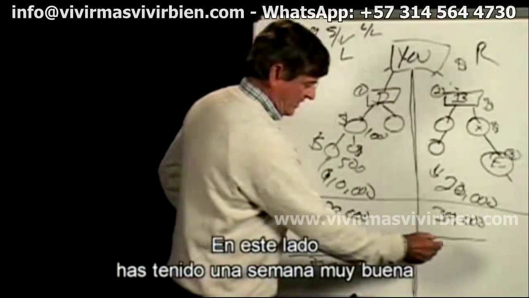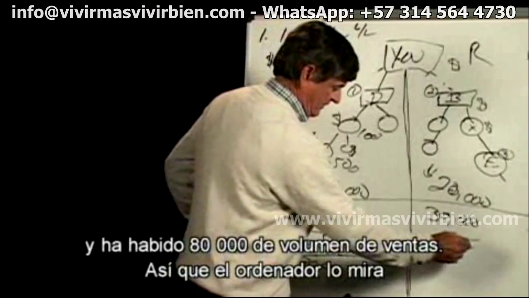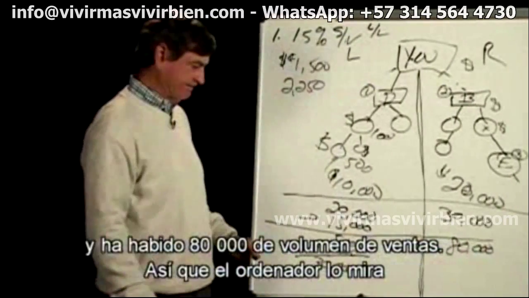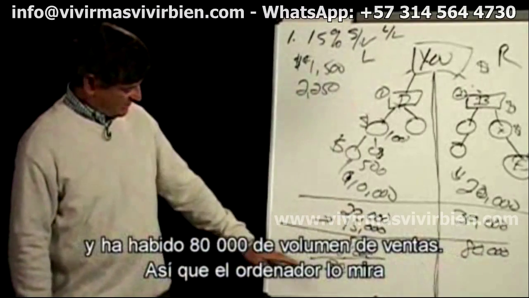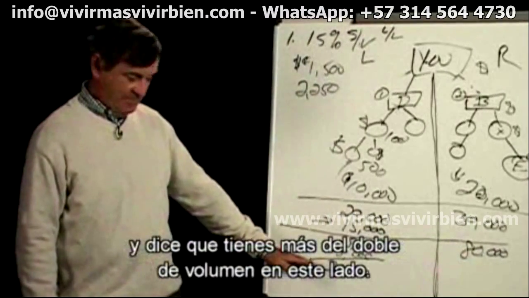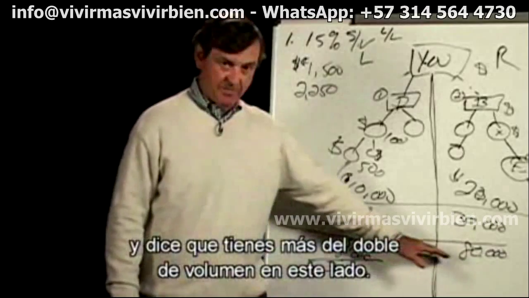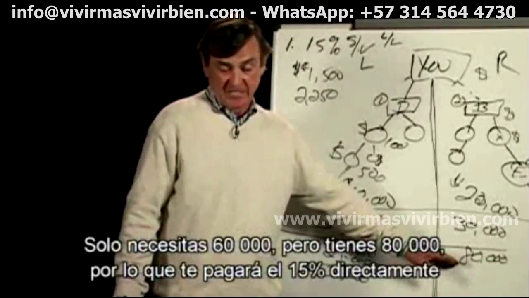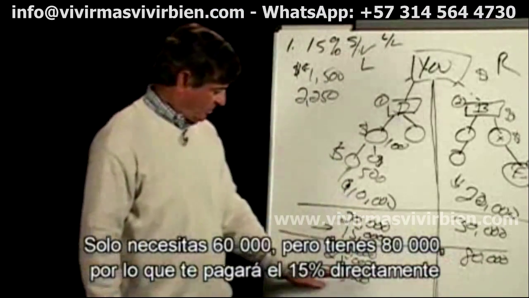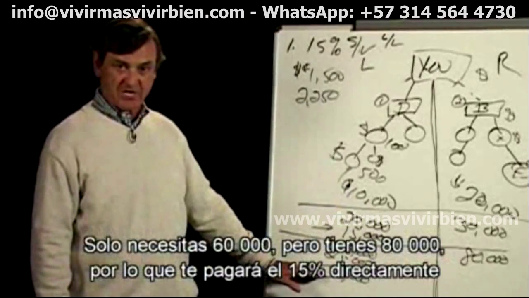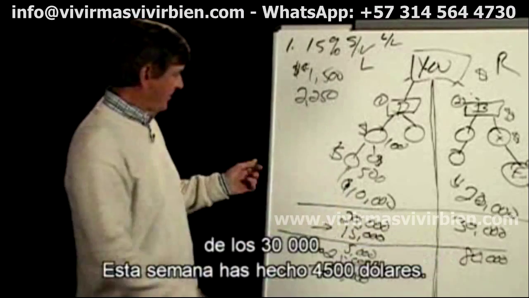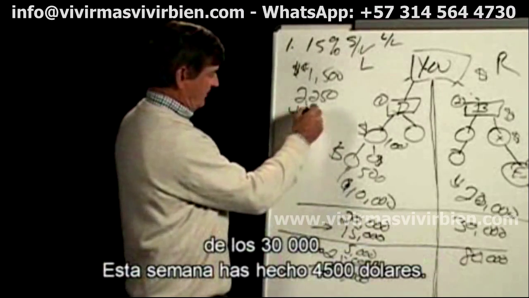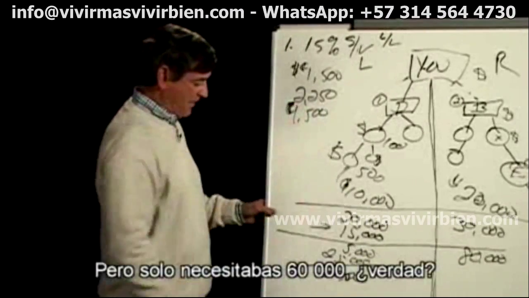And over here, you had a great week and there was 80,000 in volume, okay? So the computer takes a look and says, wow, you've got twice as much volume here, right? You only need 60, you get 80. So it's going to pay you 15% straight away, 30,000 for the week you made $4,500.